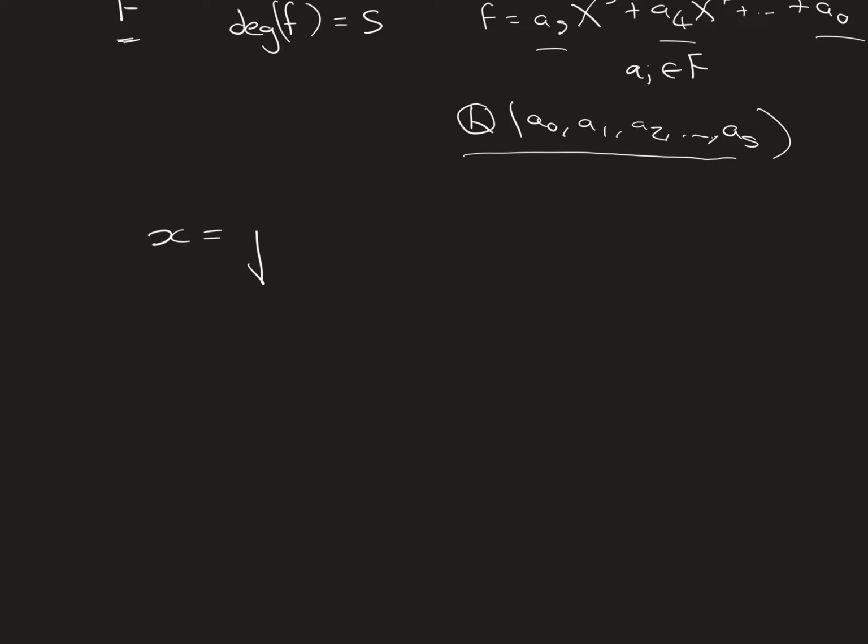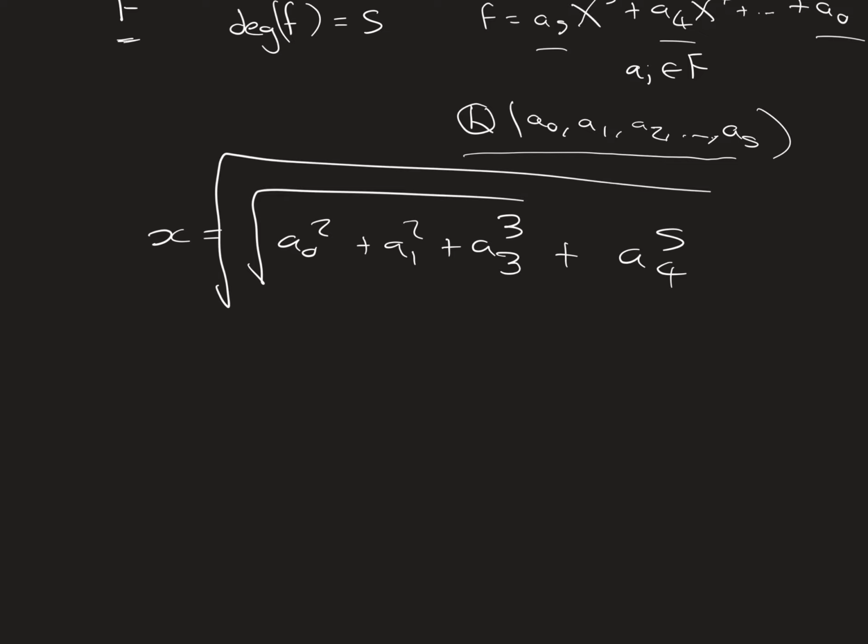So it could be something like this: the fifth root of the square root of a0 squared plus a1 squared plus a3 to the 3 plus a4 to the 5, divided by 2, plus a0 plus a1. This would be plausible, or we could have over 5 there.